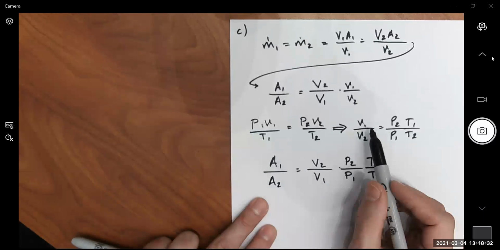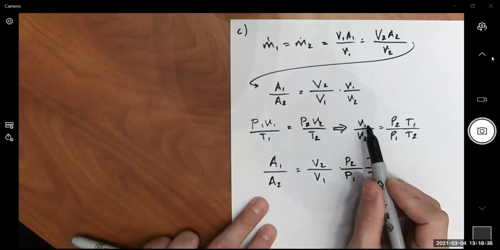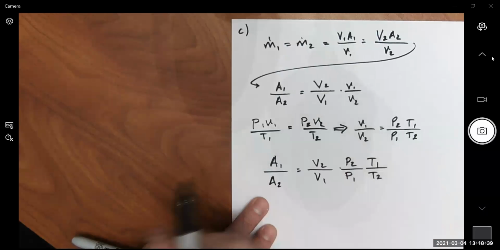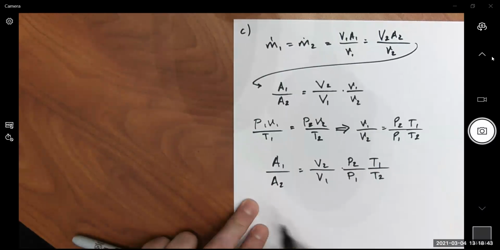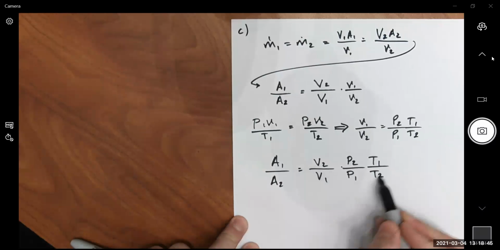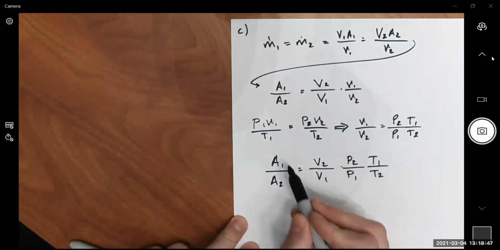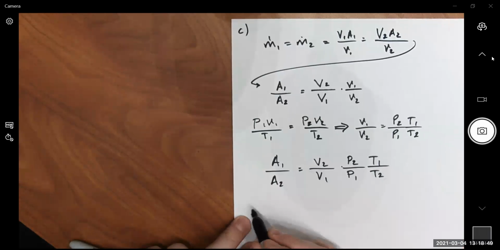Because I found the ratio between the specific volumes, I should have all of these to find the ratio between the areas.